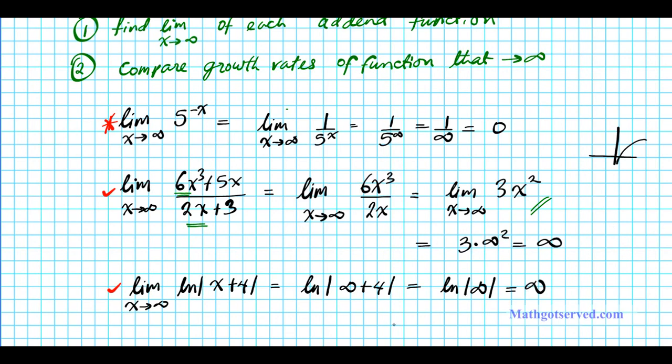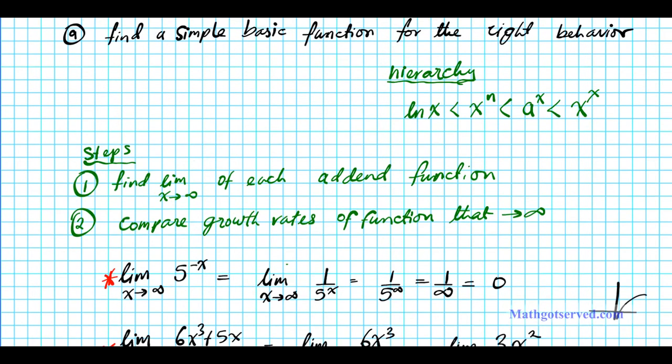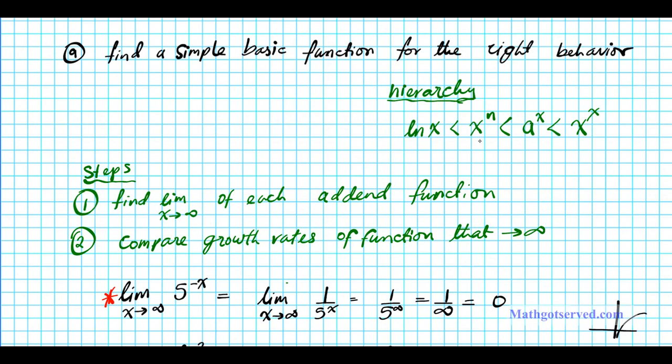So now what we're going to do is basically compare the two functions. Which one grows faster? Is it this polynomial function here or the logarithmic function? At infinity, this behaves just like 3x squared, so we can focus on this. So which grows faster, 3x squared or the natural logarithm of x plus 4? Those are the two we're comparing. If you go to our hierarchy, we can clearly see that the polynomial function, x to the n, grows faster than your logarithmic function.